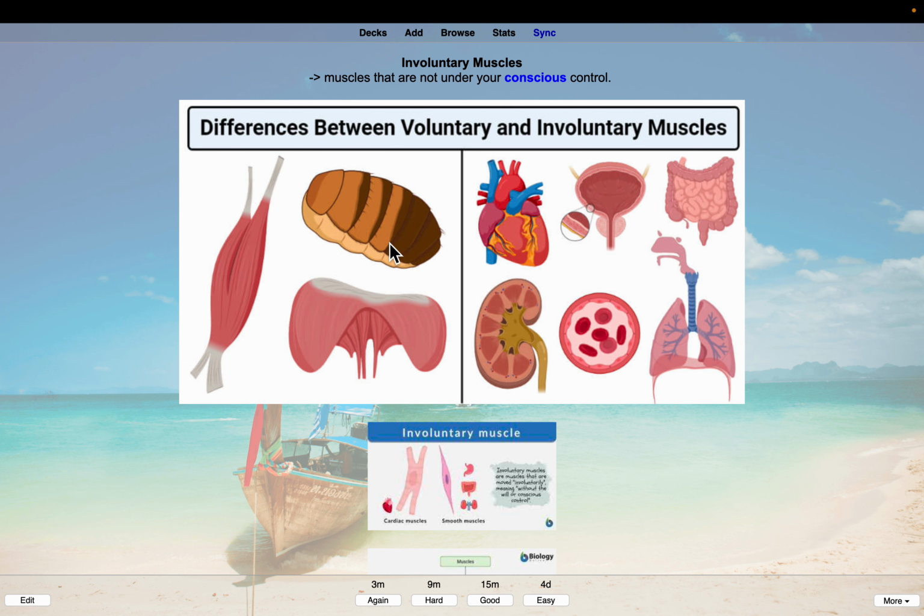So these are skeletal muscles, I believe, because they are voluntary. These are involuntary. We have the heart, the urinary bladder, small and large intestine, arteries as well, the kidneys, as well as the respiratory system.